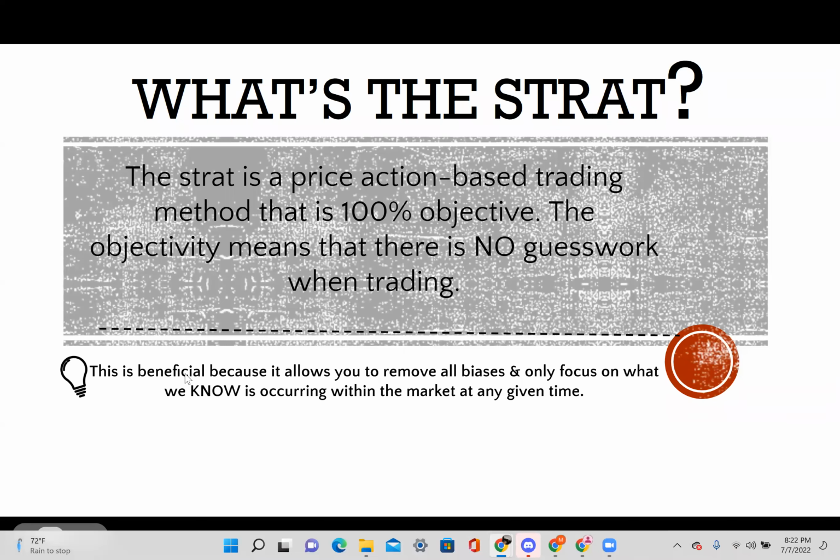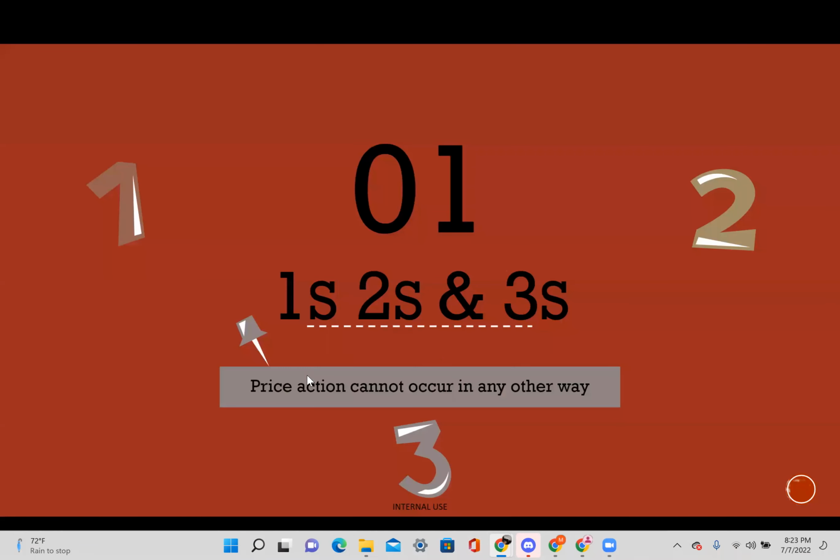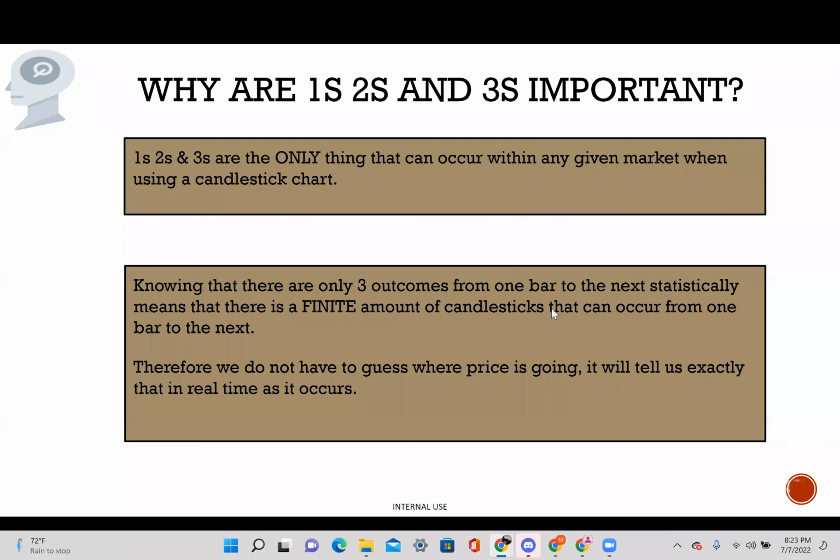This is beneficial because it allows you to remove all bias and only focus on what we know is occurring within the market at any given time, right? That's when I was saying that anything can happen. We can be going for calls right now, and then all of a sudden we can start going for puts because of the reversals that the Strat gives us. So going back to this, it makes it more understandable, right?